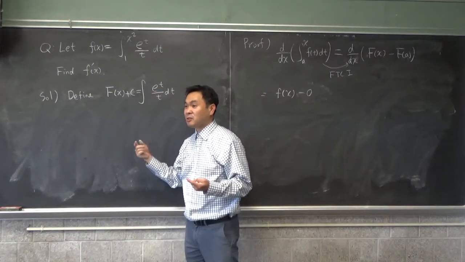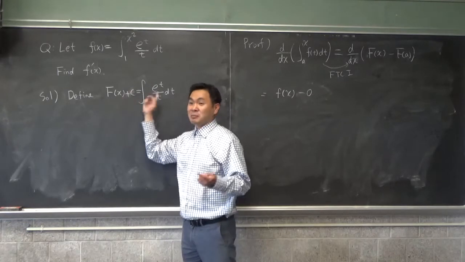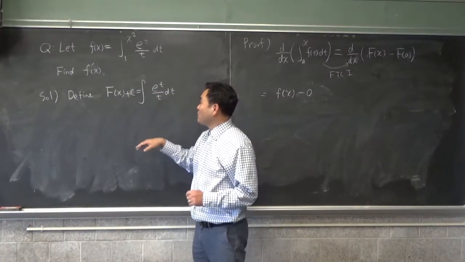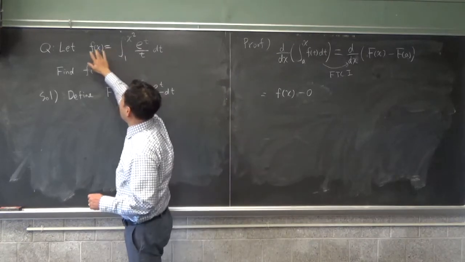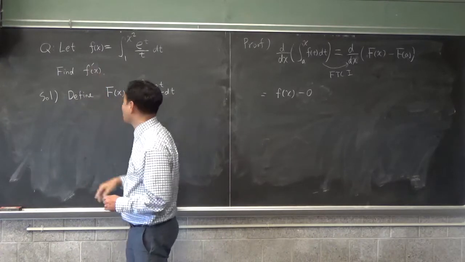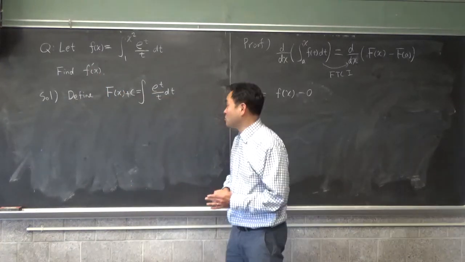That could happen, right? That's why we're just naming it, okay? However, somehow by magic, though we can't know what this f of x is, we can know its derivative. Yeah, it's kind of amazing. And that's what fundamental theorem of calculus 2 is about, okay?